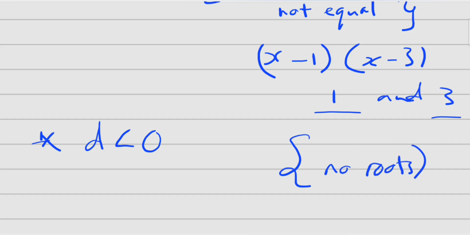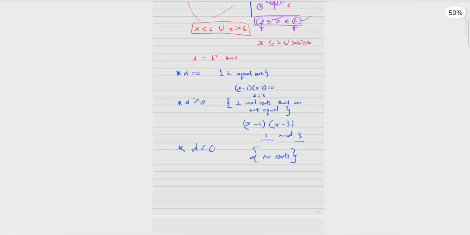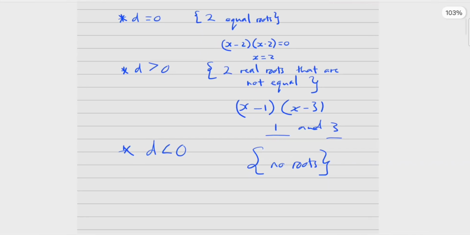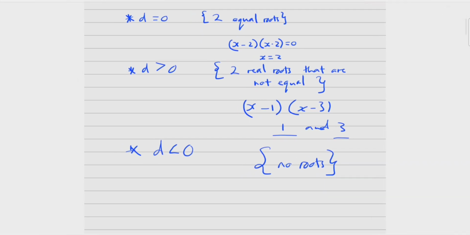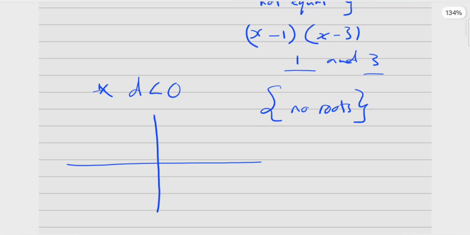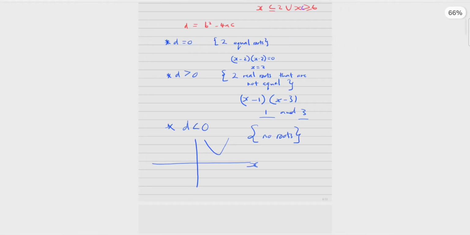So if we're given a quadratic expression, then you see that the discriminant b squared minus 4ac is less than 0. It means for that expression we do not have roots. So if we are to sketch something like that, it will be looking like this, maybe, right? Not touching the x-axis at all, right? And that will show us that it doesn't have any roots.